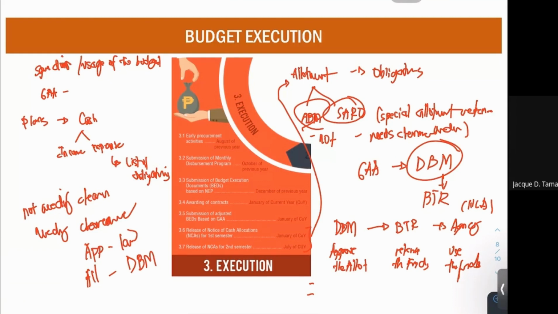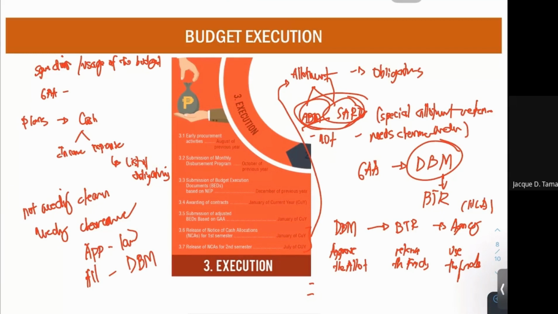From here onwards, please do not be confused as to the usage of allotment or ABM or SARO. ABM and SARO pertain to allotment. If I want to be specific, and I want it to come from ABM only, I will say ABM. From SARO only, I will say SARO only. But if I say allotment, that can be ABM or SARO.